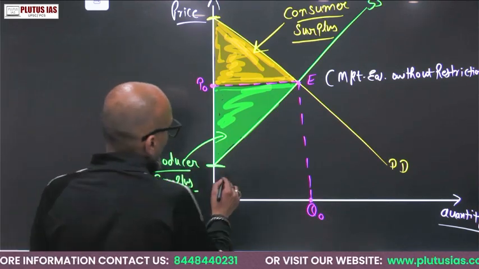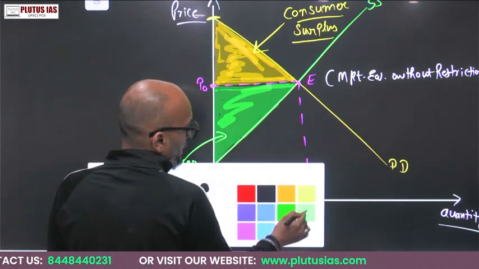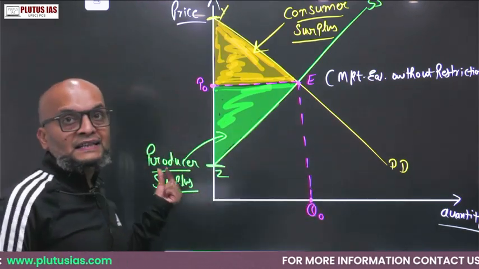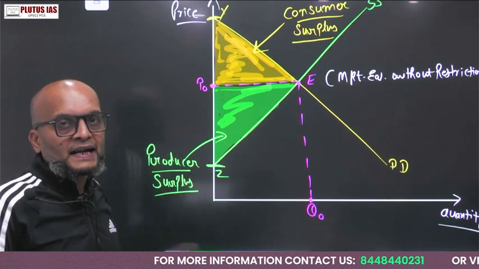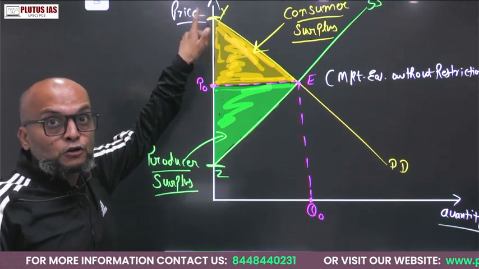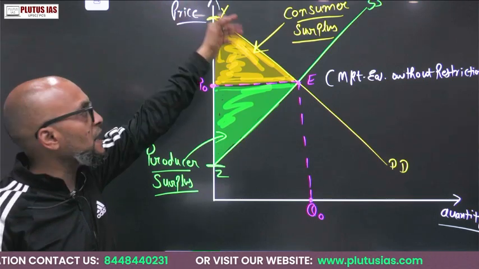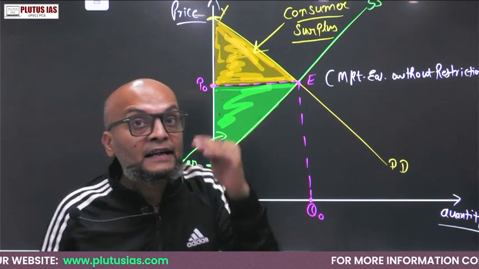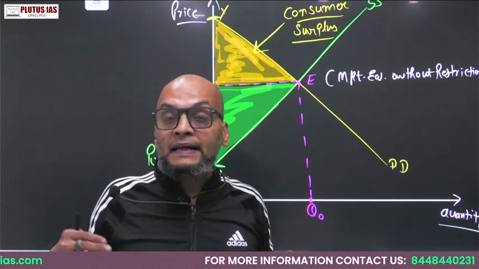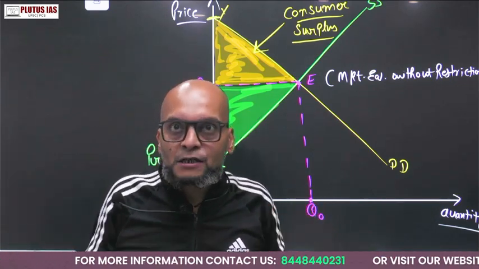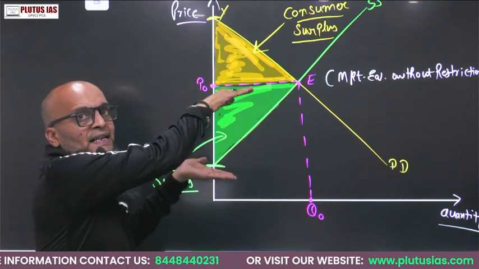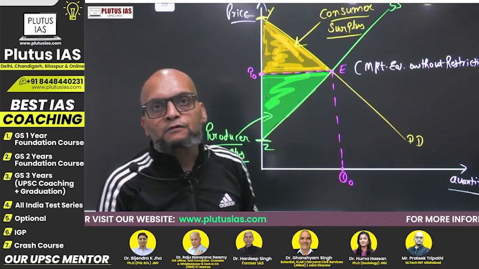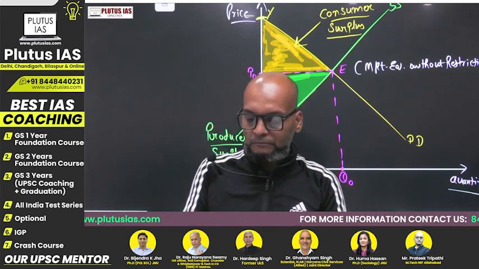Let me call this point as Z, and let me call this point as Y. So producers were ready to sell their goods at a cheaper price called Z, and consumers were ready to purchase their goods at a higher price called Y. Okay, fine. So producers were ready to sell at a lower price, but they are getting higher price than what they were expecting, right? So this excess price that they are getting, this area that you see, this is the surplus for the producer. Understood or not?